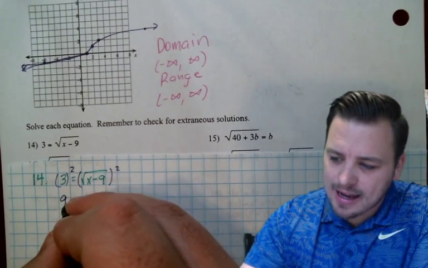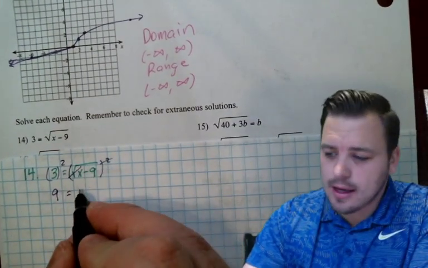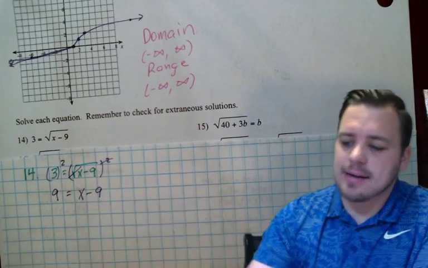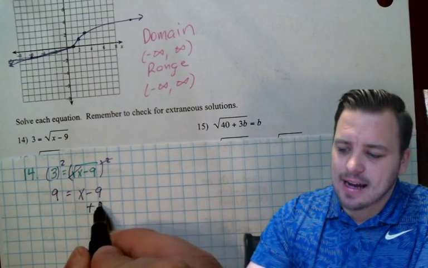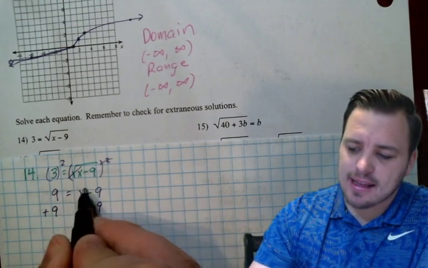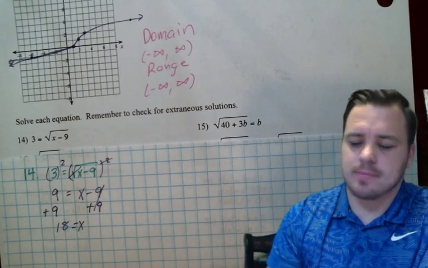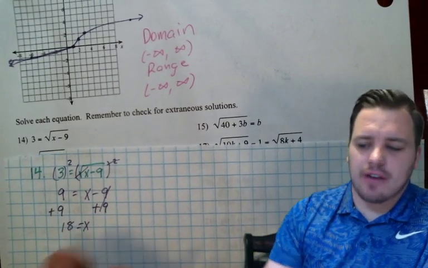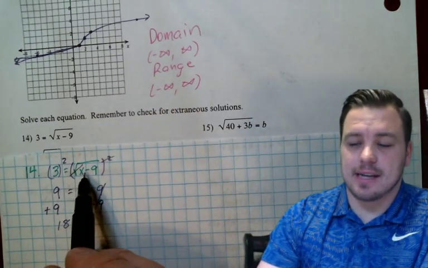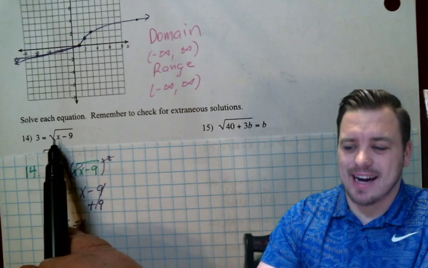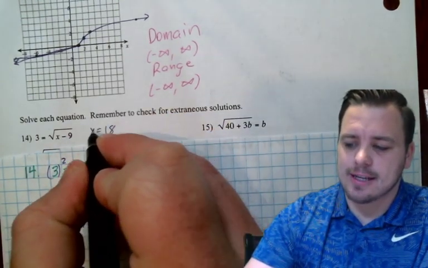We get 9 is equal to the square root and the square cancel, x minus 9. Then we add 9 to both sides to isolate this x, and we get x is equal to 18. You always check for extraneous solutions. So basically here, if you plug that into 18, 18 minus 9 is 9. The square root of 9 is 3. So we're good there. X is equal to 18.